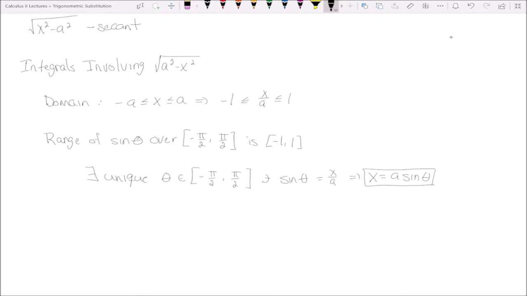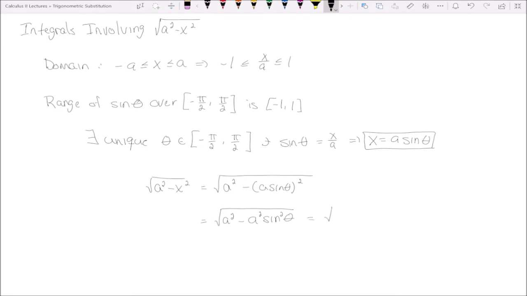And now let's see what happens. So we have the square root of a squared minus x squared, but we just said x is a sine theta. All right, so what does that equal? We get the square root of a squared minus a squared sine squared theta. We can factor out an a squared, be left with 1 minus sine squared, but 1 minus sine squared is cosine squared.